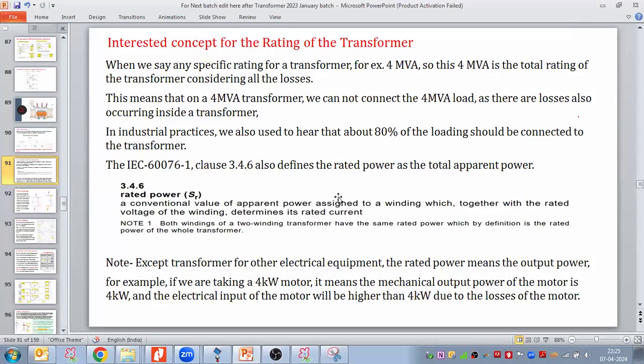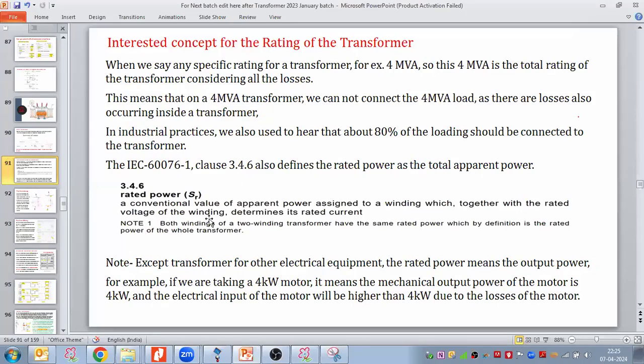Why is it happening? Why is it overloaded? When we specify the rating of a transformer as 4 MVA, this 4 MVA is the total rating of the transformer considering all the losses. So I'm putting 4 MVA load plus losses also happening. So the total load on the HV side winding is now 4 plus losses, which is 4.3 MVA.